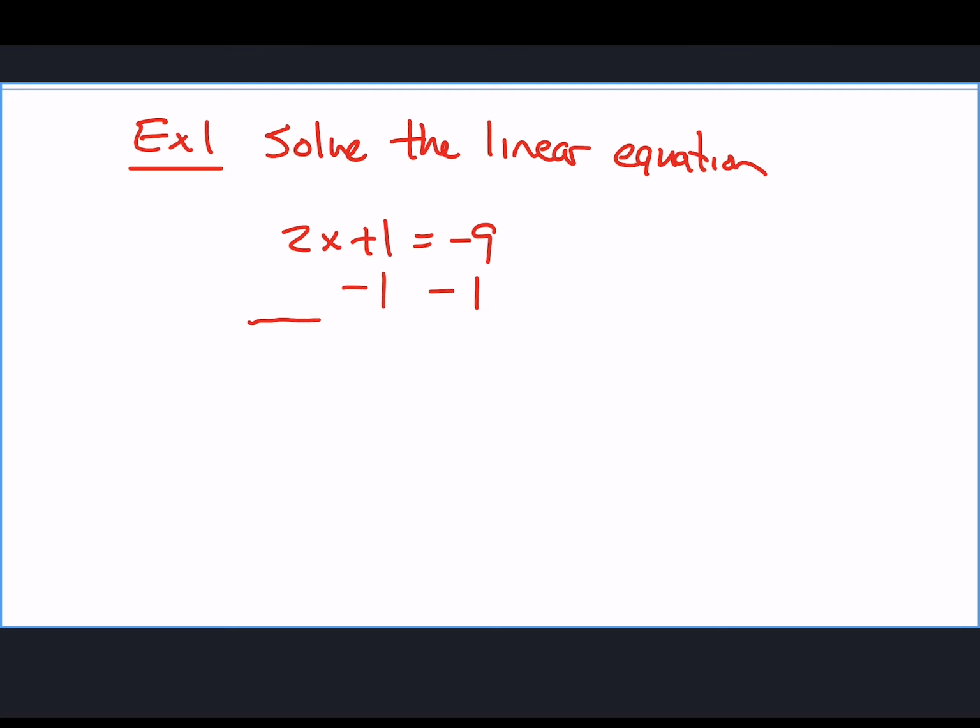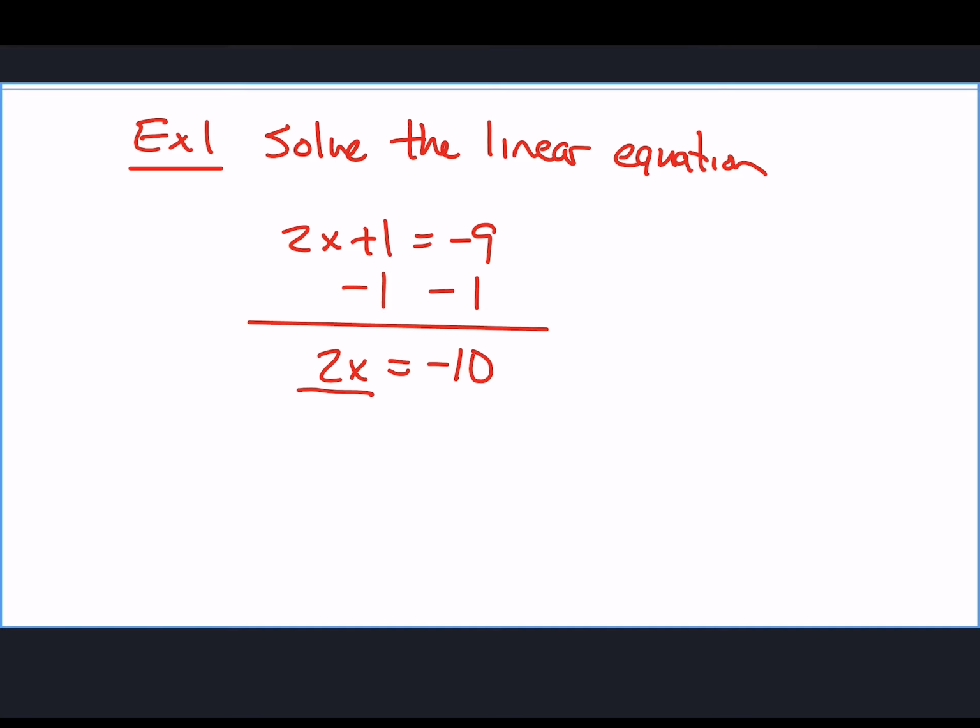What you do to one side of the equation, you have to do to the other. 2x plus 1 minus 1 is just 2x. And negative 9 plus a negative 1 is negative 10. And once we're at this point, when the variable is multiplied by a coefficient, we can multiply both sides of the equation by its reciprocal or divide by the coefficient.